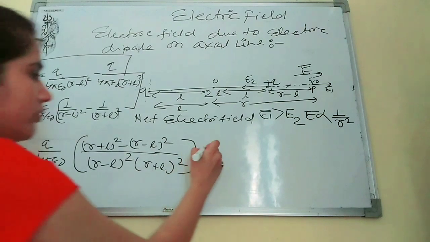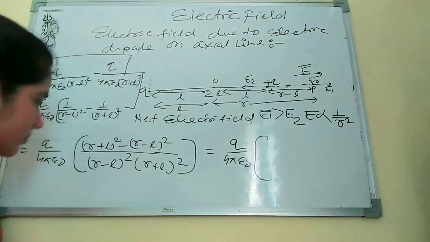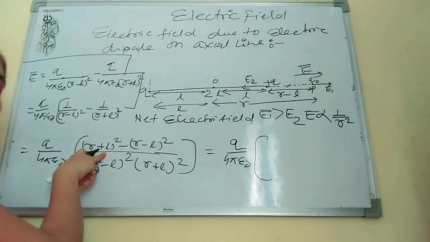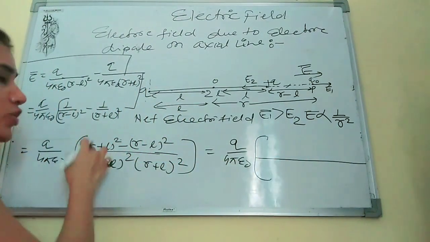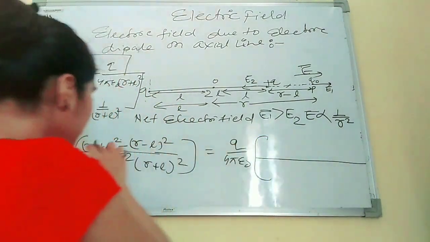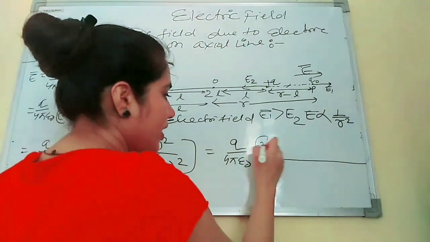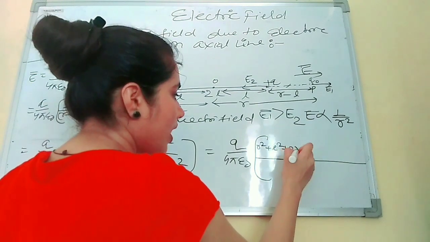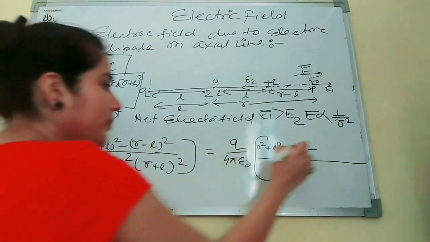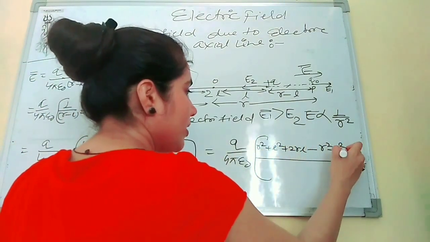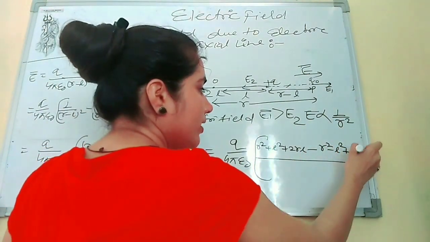Now we will simply solve it. That will be Q upon 4 pi epsilon naught. We just open it by formula. This is the formula of (a plus b) square: (r plus L) square will be r square plus L square plus 2rL, and then if we open the second term, that will become minus r square minus L square, and then minus will become plus, that will become plus 2rL.